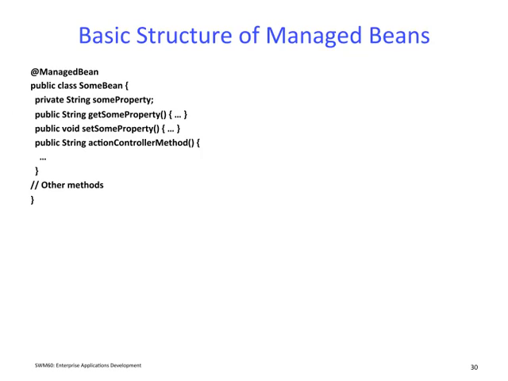So we have some properties with getSomeProperty, setSomeProperty methods as part of that class, and also an action control method, and some other methods if we need to create them. So this is the structure of the managed bean.